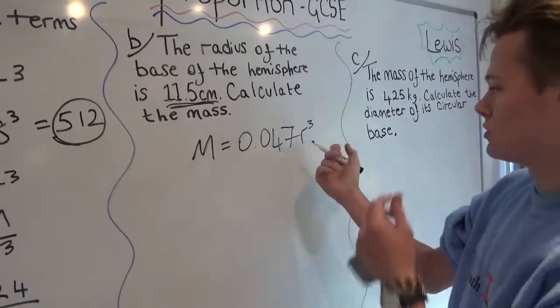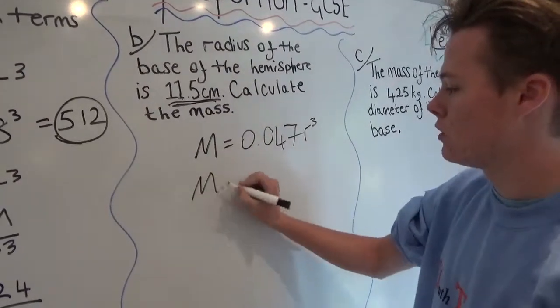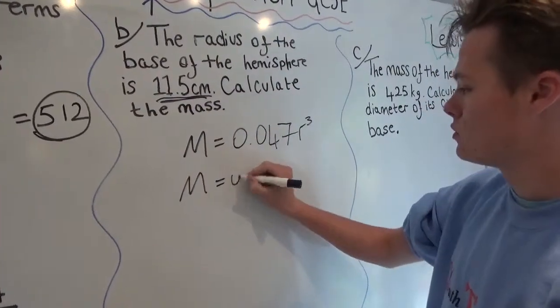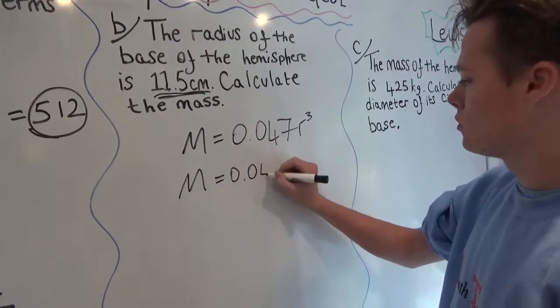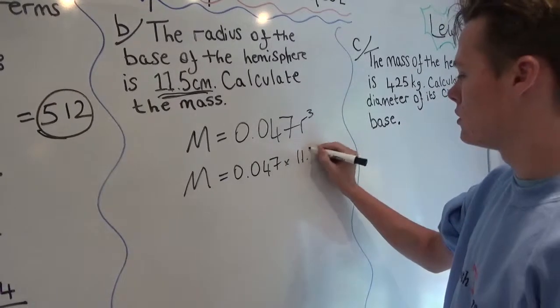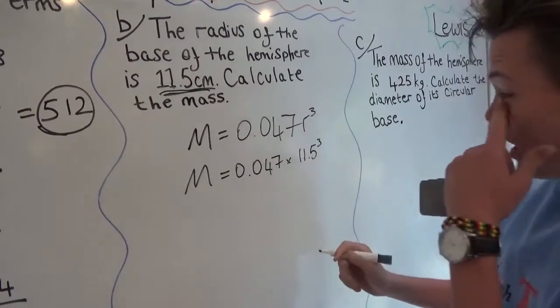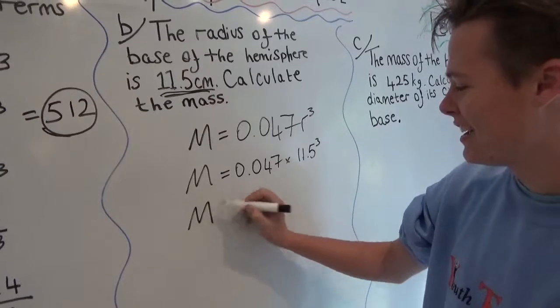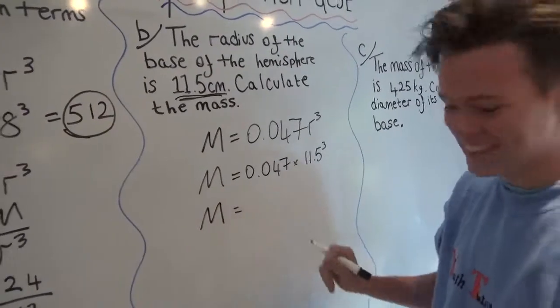We've now been given the radius, so m equals 0.047 times 11.5 cubed, which unfortunately I cannot do in my head.